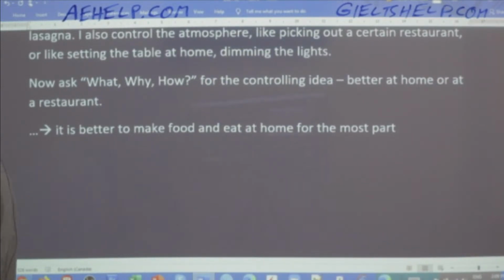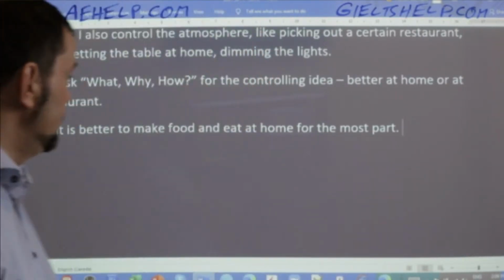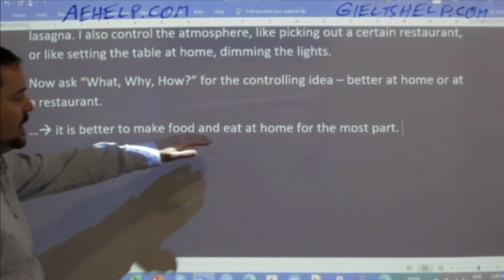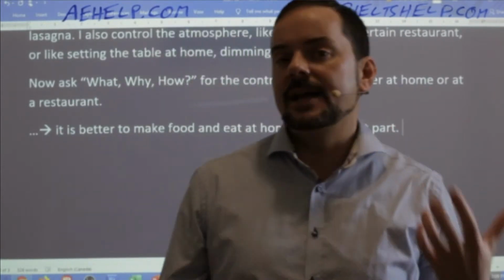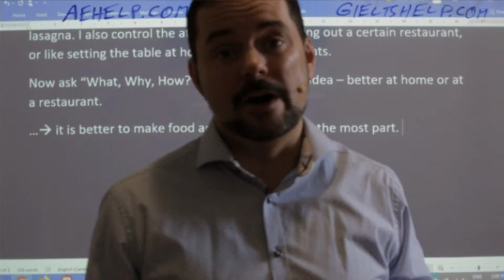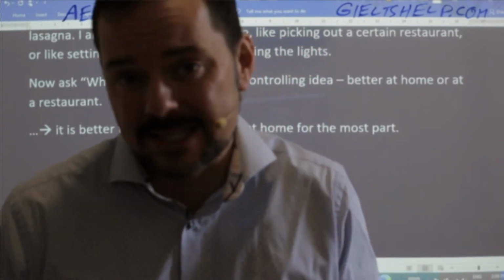Okay, now, this is where I wanted to just give you one quick piece of advice, all right? So pay attention, everybody focus. So it is better to make food at home for the most part. Here, are there advantages to eating at a restaurant? Yes, there are. Of course there are. Otherwise, restaurants wouldn't really exist, okay?